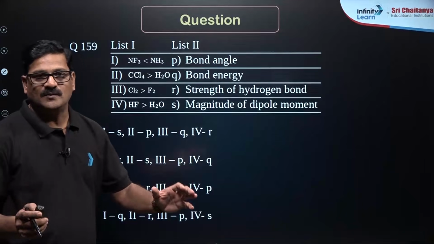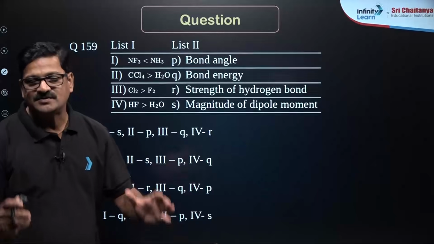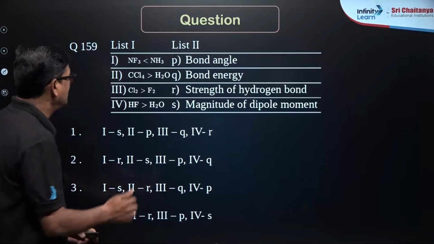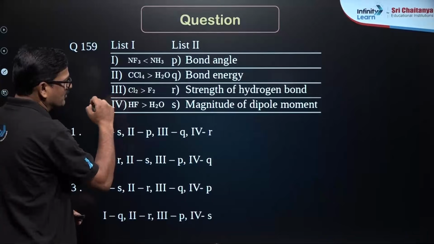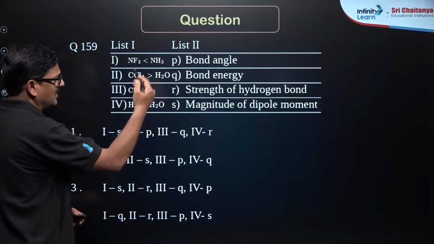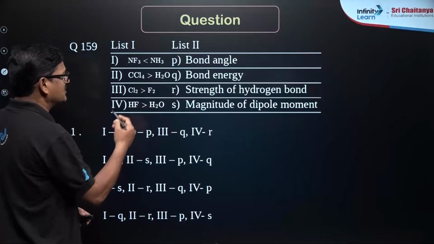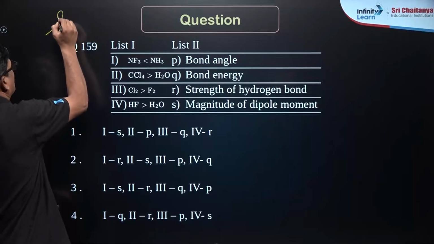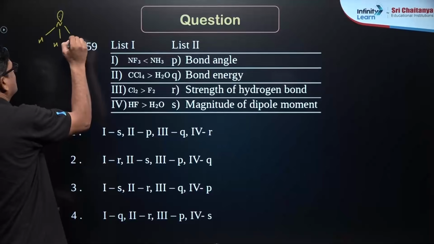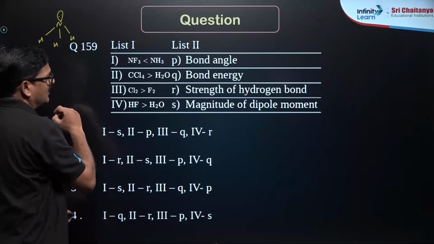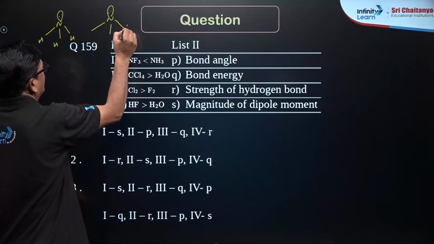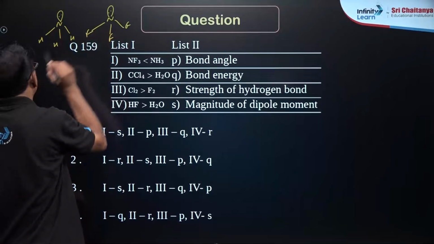Here students, this question is based on matching the following based on the bond parameters. Here in list 1, some compounds with greater than or less than are given, and the bond angle, bond energy, bond parameters are given. In NH3, the lone pair of electrons with hydrogen, hydrogen, hydrogen, and in NF3 the lone pair of electrons with fluorine, fluorine and fluorine.